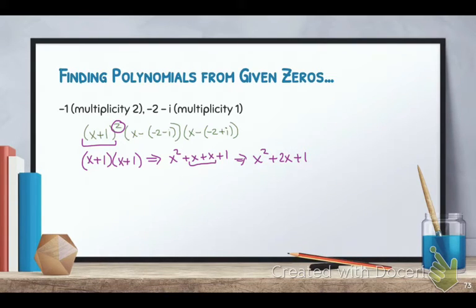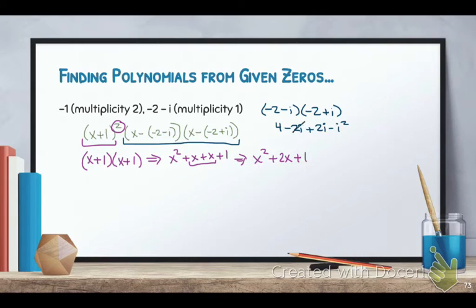So now let's distribute the i binomials, right? So let's do the -2 minus i and the -2 plus i real quick over here. Okay, so -2 minus i times -2 plus i. Distribute that would give me 4 minus 2i plus 2i minus i squared.